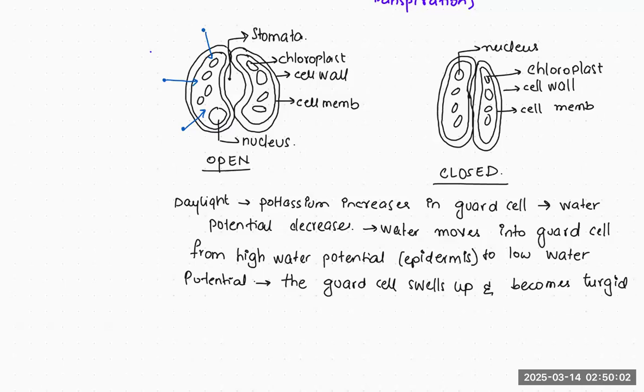That's why when a guard cell opens up, it gets this kidney bean shape. From certain areas it stretches more, and in some areas it stretches less. That's because of the different amount of cell wall. So this causes the guard cells to open the stomata.